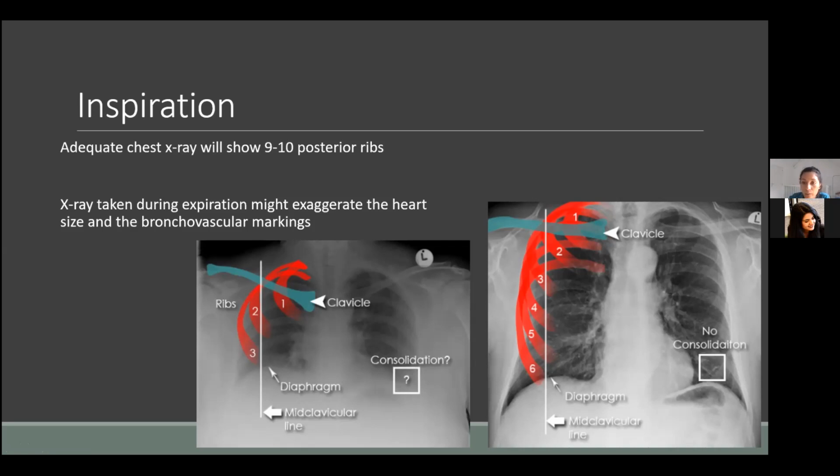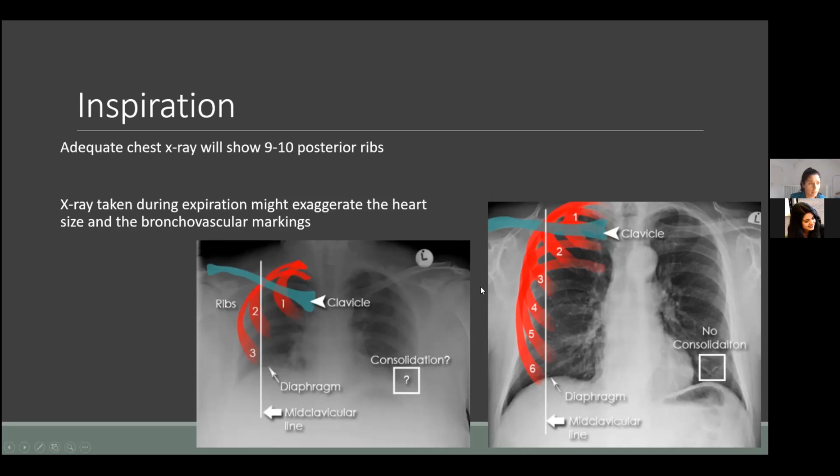So pay attention to inspiration. Adequate inspiration means that you should be able to count 9 to 10 posterior ribs, or the diaphragm should be intersected by the 5th, 6th or 7th anterior ribs in the midclavicular line, as you can see on this picture. So in these two cases, you have a good inspiration on the chest X-ray.